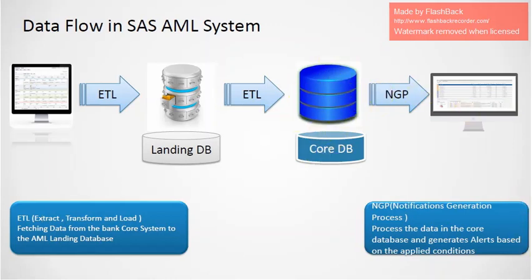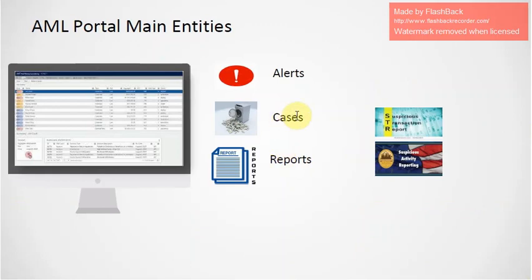All right, we can find cases, and cases are created from alerts. As a compliance team in the bank or the financial institute, when we investigate alerts and find some suspicious activities, we go and create a case.